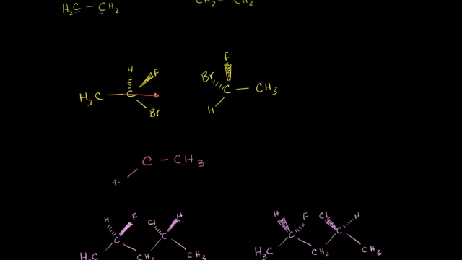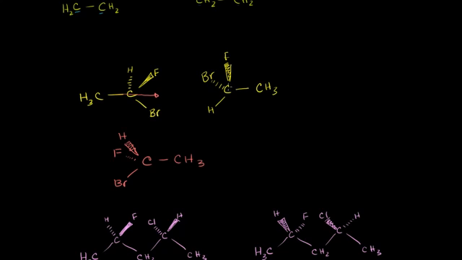It'll still be in the plane of the page. But the hydrogen, which was in the back, will now be in the front, and the fluorine will now be in the back because I flipped it over.